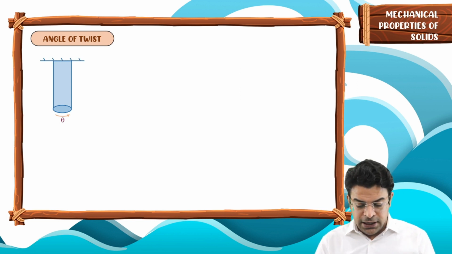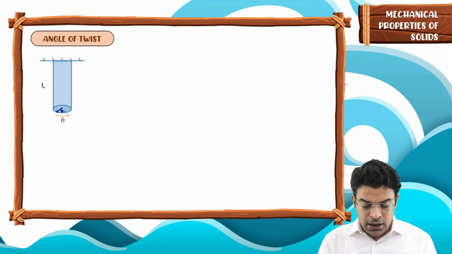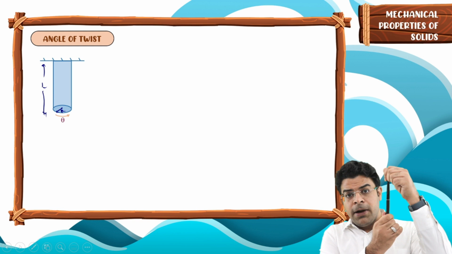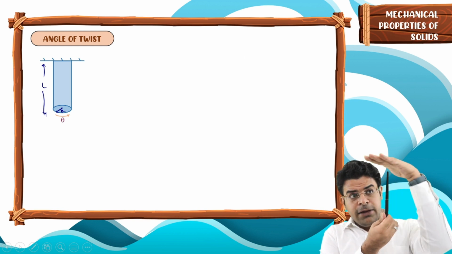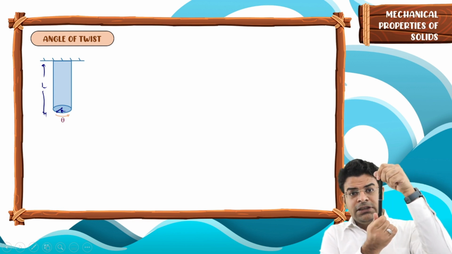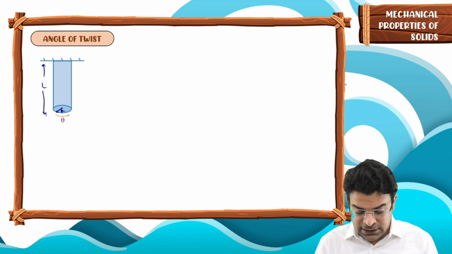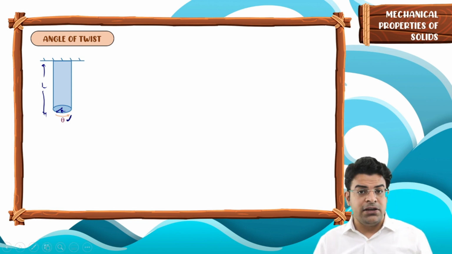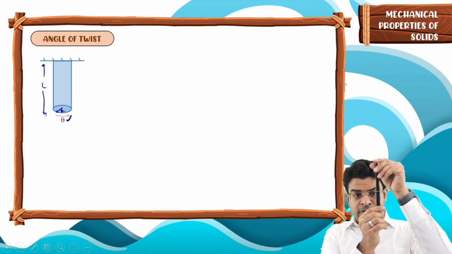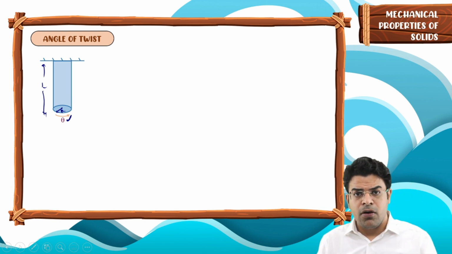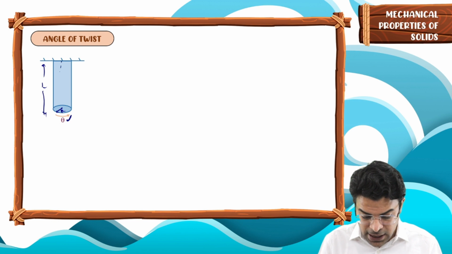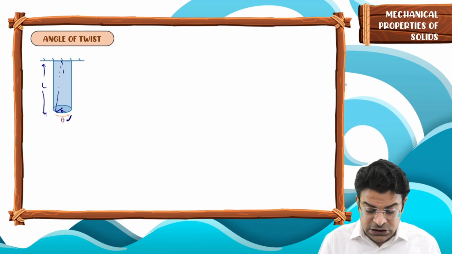Let's say this wire has a radius r and a length L. If we turn the lower end by an angle theta, keeping the top layer fixed, we say that an angle of twist is created. Do not think that this angle of twist is the angle theta by which the wire has been twisted. The angle of twist is the angle which represents the shear strain.